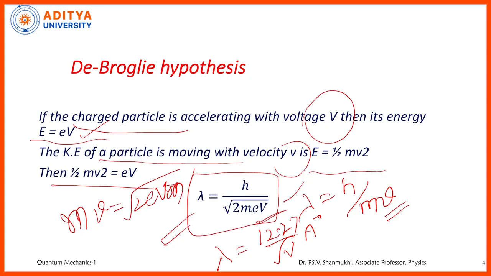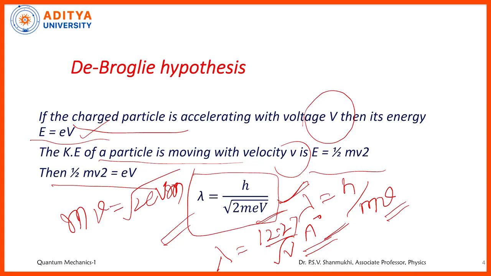Of course, m is the mass of the electron, which we can take as 9.1 into 10 power minus 31 kilograms, and Planck's constant is 6.625 into 10 power minus 34 joule second. Substituting all these values, you will get 12.27 by root over V. Generally, 1 angstrom is equal to 10 power minus 10 meter. In the former formula, lambda equals h by root over 2meV, the wavelength units you get are in meters. Here we get directly in angstroms.